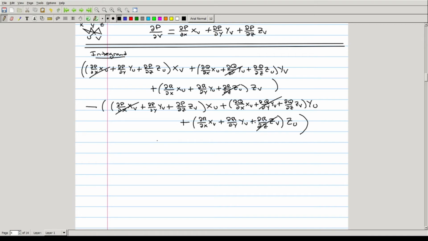And the remaining terms, remember this entire thing is our integrand. The remaining terms in the integrand can be grouped together into the following vector relationship.